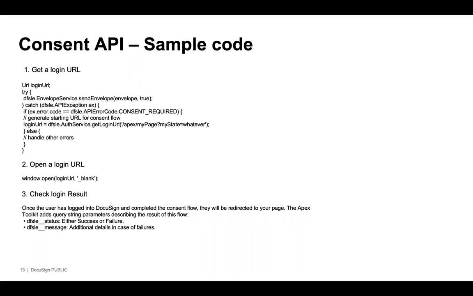In this example, the user will be redirected back to my page. Then you can also set up a Visualforce page and get the status. For example, we can check the result using the status and messages as well. I will show you a quick demo, which will be more clear once you see it.